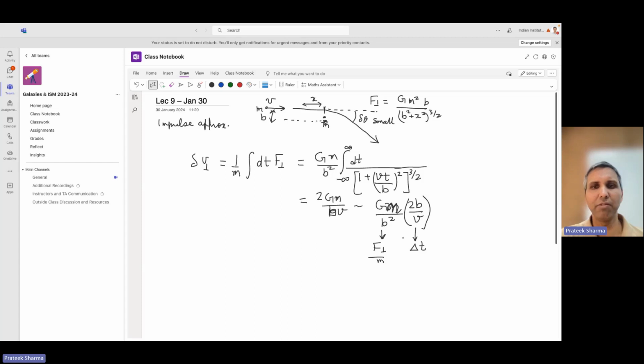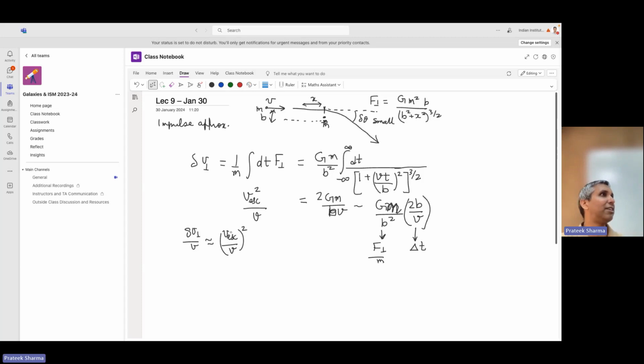Only for this time do you have this strong interaction, and this can also be written as V escape squared by V. V escape is the escape velocity from the individual particle of mass m, not from the galaxy. So delta V perp will be substantial only if delta V perp by V is like (V escape by V) the whole squared.